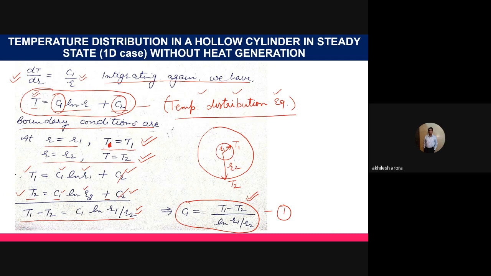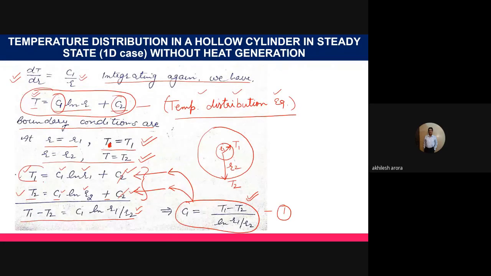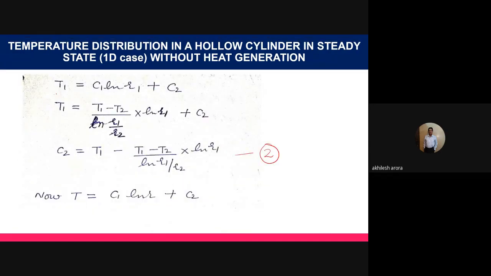The next step is to calculate the value of C2. We can make use of either of these two equations, put the value of C1 in any one of them and get the value of C2. So here I have used the first equation, T1 is equal to C1 log natural r1 plus C2, where C1 is given by T1 minus T2 divided by log of r1 by r2.